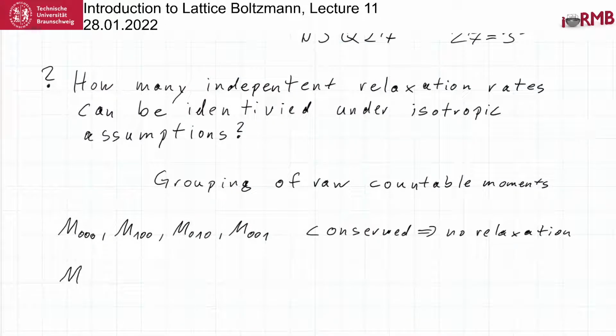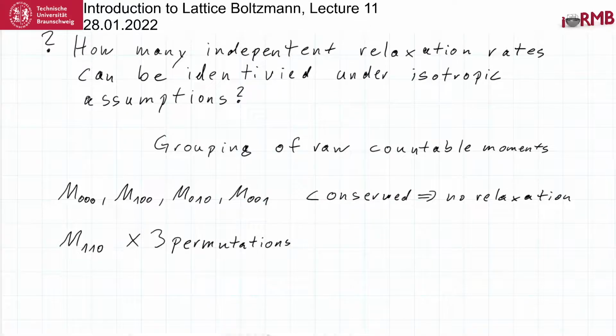Then we have second order moments, for example, M110, and of course, from this guy we have 3 permutations. And all permutations should have the same relaxation rate, otherwise it's not isotropic. And this is a hydrodynamic moment. So as a second order moment, this appears in the Navier-Stokes equation.